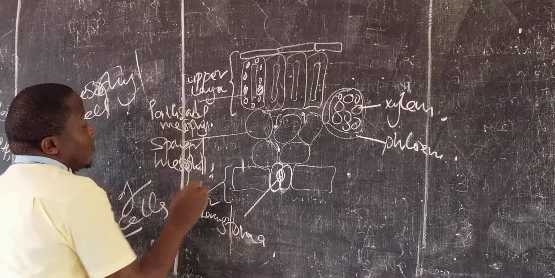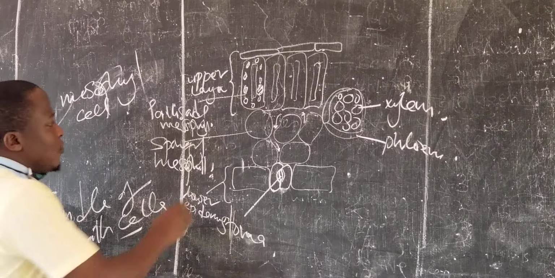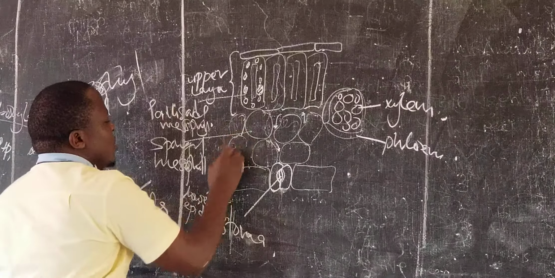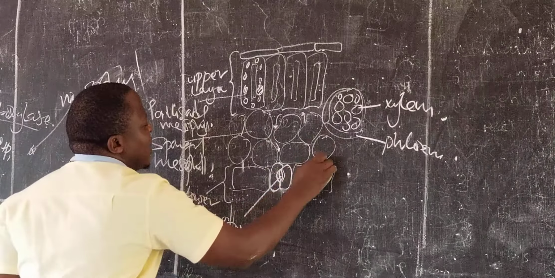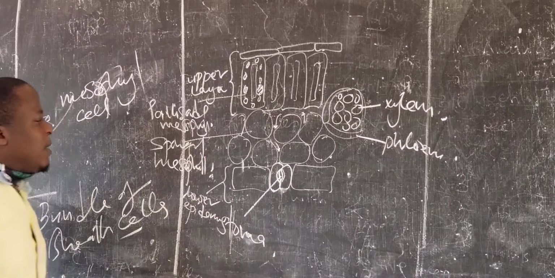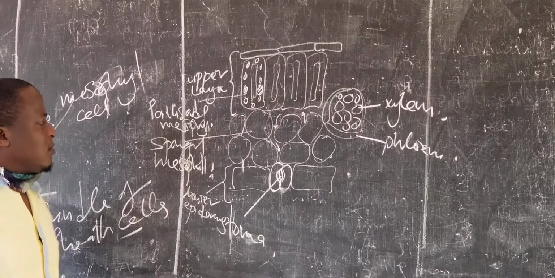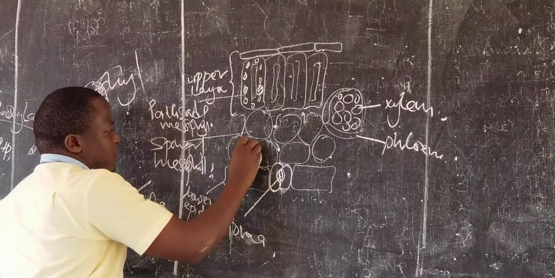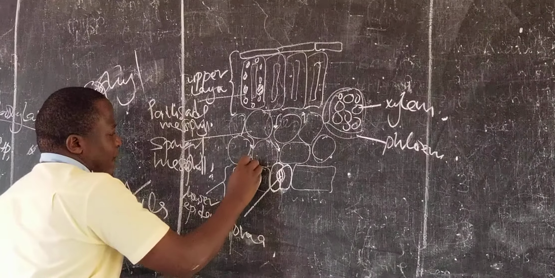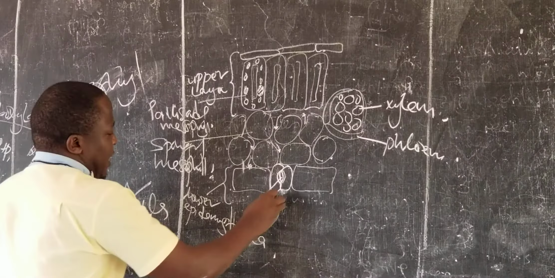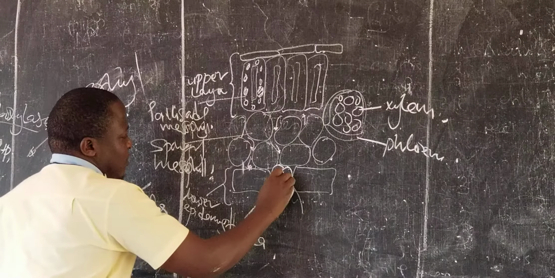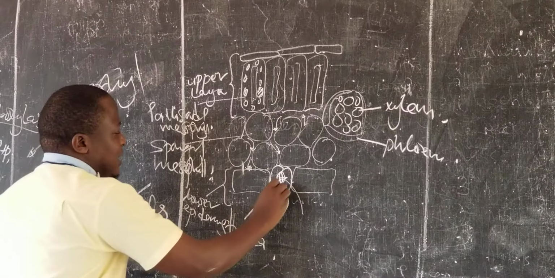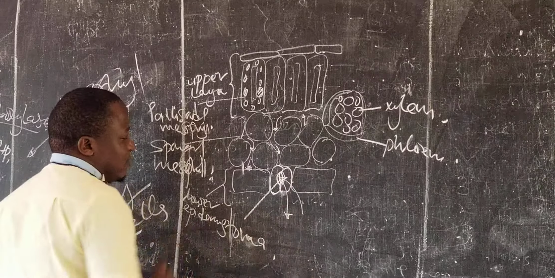Lower epidermis structure. So we have several spongy mesophyll cells here. You can draw them, provided you show that there are spaces created between them to allow circulation of air. Air enters into the leaf passing through the stomata, and then it exits out of the same route.